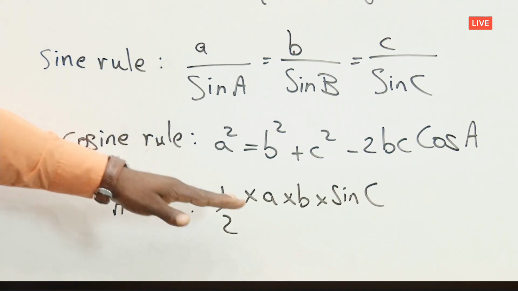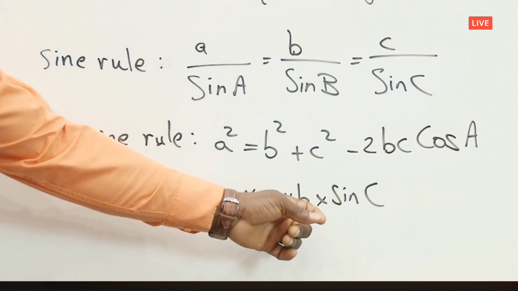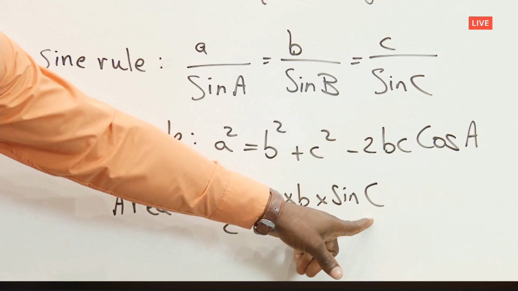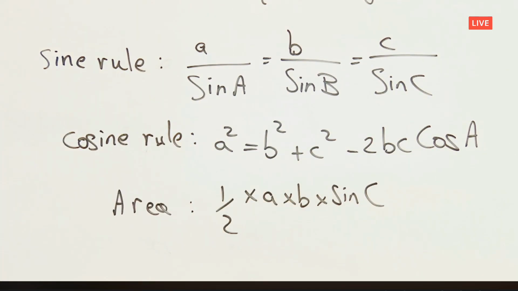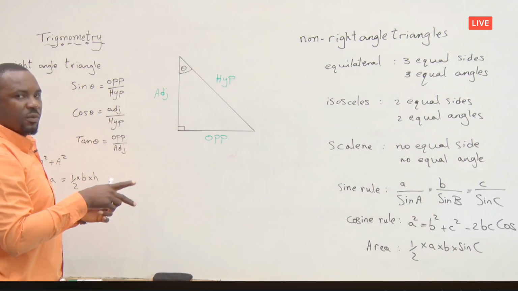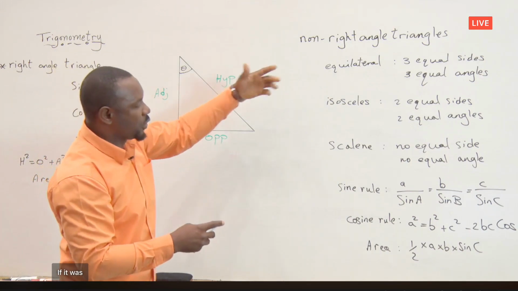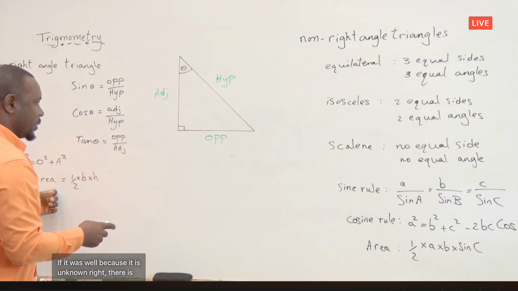Now, this is a non-right angle triangle. So if we were to consider the base and the height to be A times B, well then this angle C is only going to be the angle between those 2 lengths that you use to find the area. Because it is a non-right angle, there is not a 90 degrees, okay?